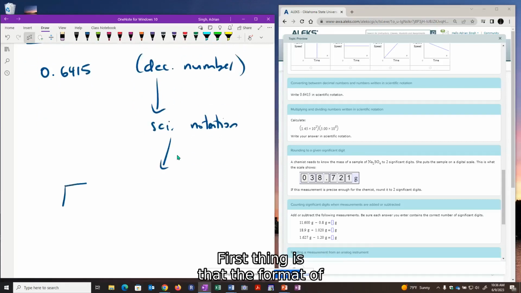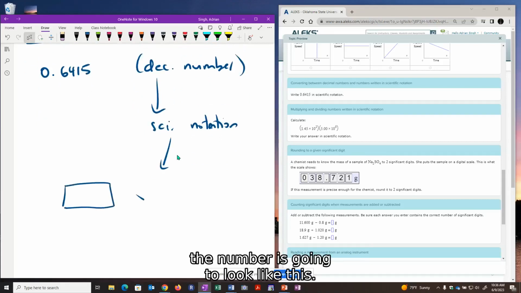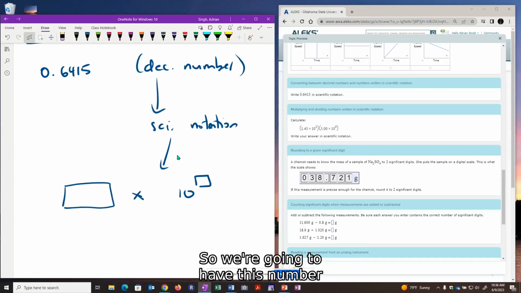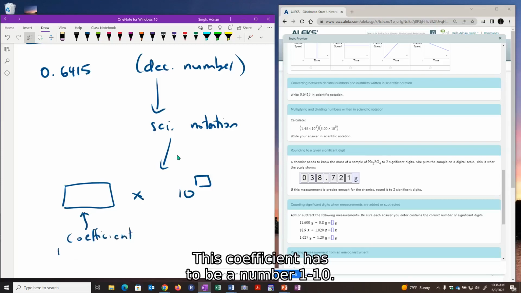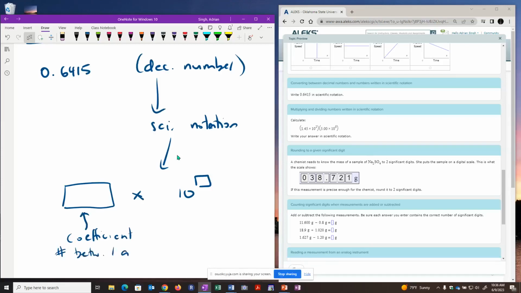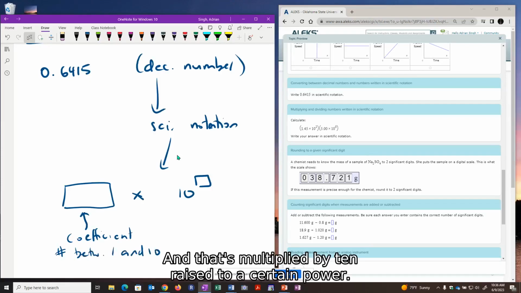First thing is that the format of the number is going to look like this. We're going to have this number written here that we call a coefficient. And this coefficient has to be a number between 1 and 10. And that's multiplied by 10 raised to a certain power.